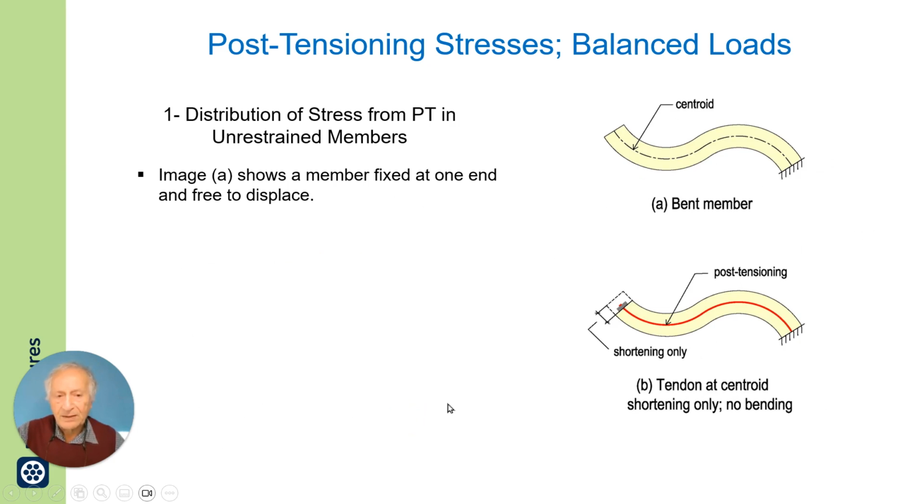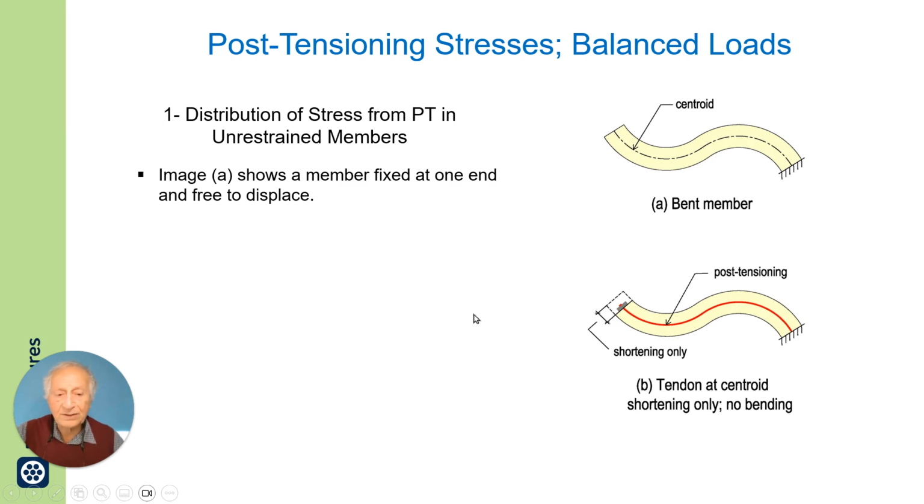Now, if you have a member shown in A which is fully free, and you have a post-tensioning tendon passing through its centroid, the force is exerted at the anchorage, but along the length, due to the curvature of the tendon, you have, so to say, side forces.